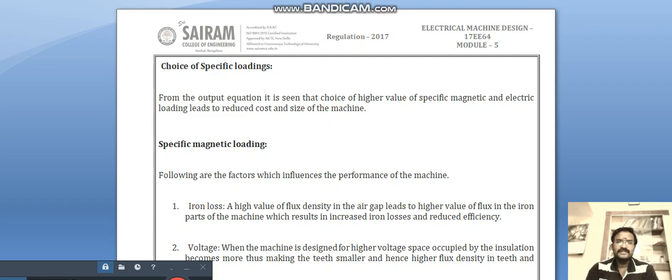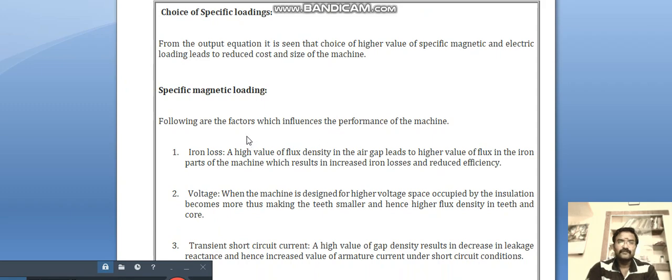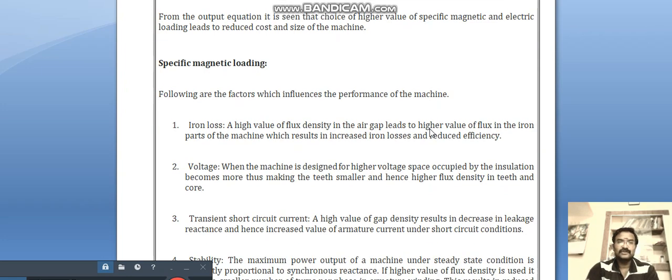From the output equation, it is seen that the choice of higher values of specific magnetic and electric loadings leads to reduced cost and size of the machine. But the following are the factors that influence the performance of the machines when we go for a high value of specific magnetic loading.